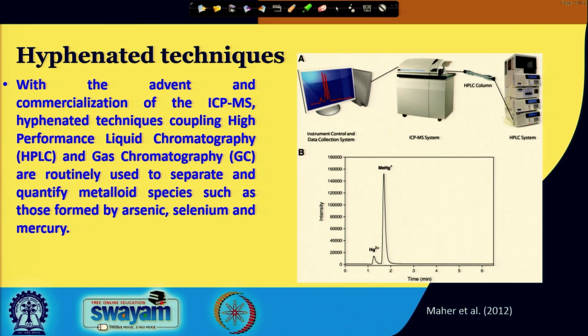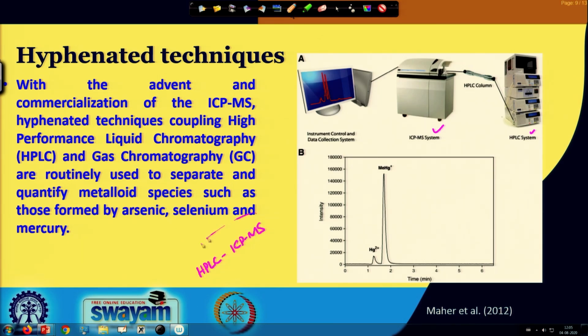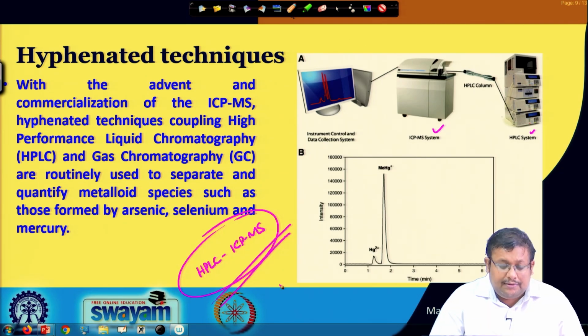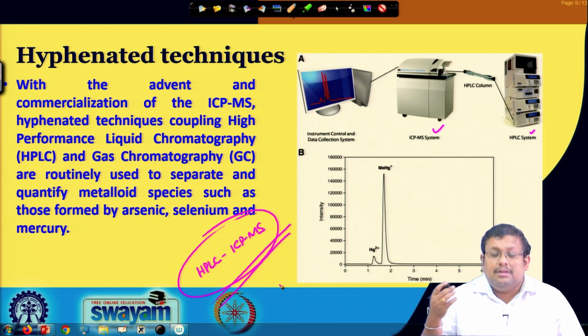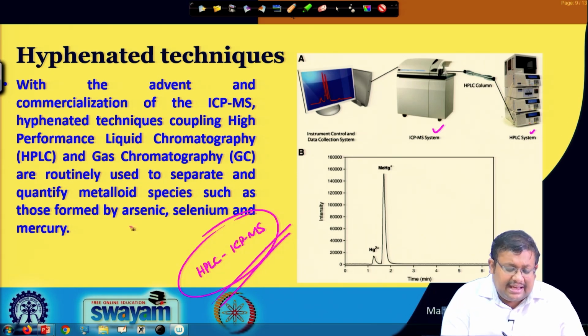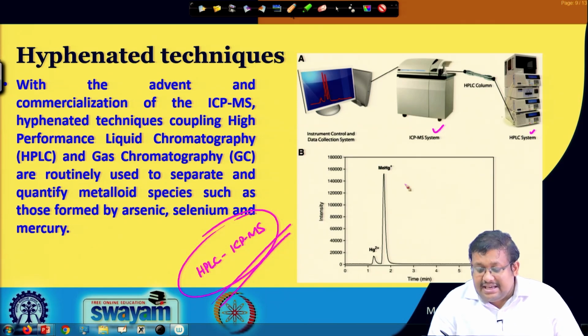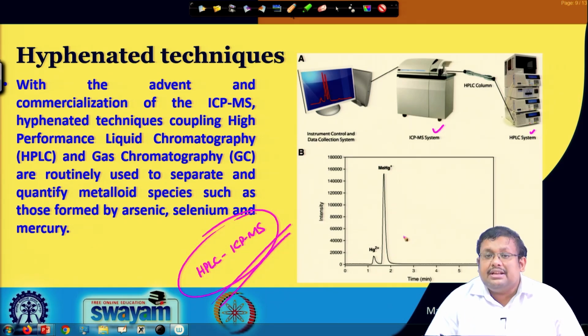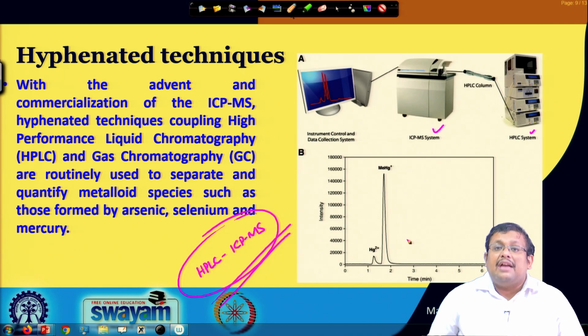As you can see here, we are combining the HPLC system to an ICP-MS system. So, we call it HPLC-ICP-MS. This is useful for separating and quantifying metalloid species like arsenic, selenium, mercury.